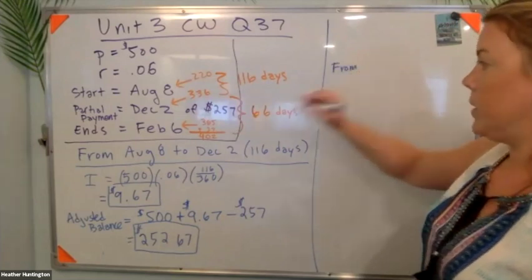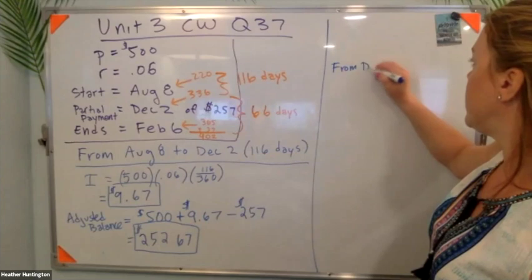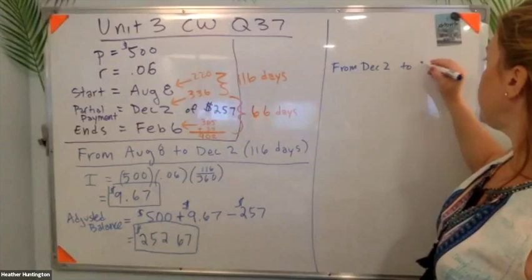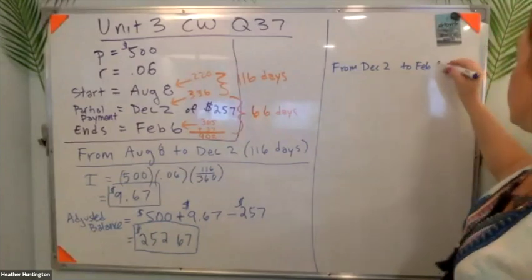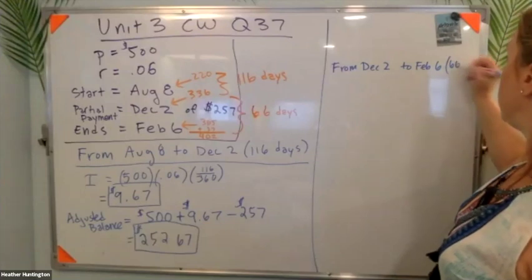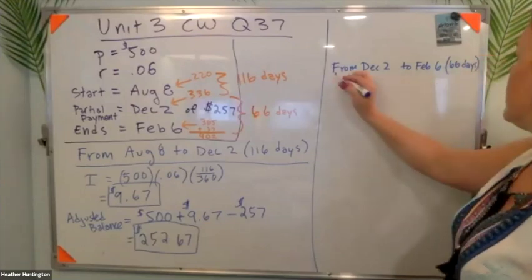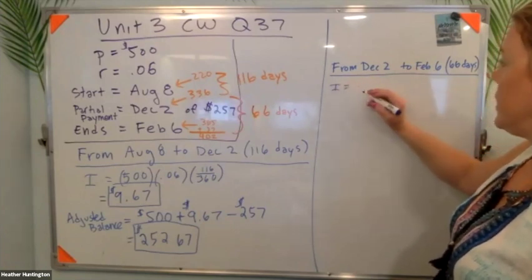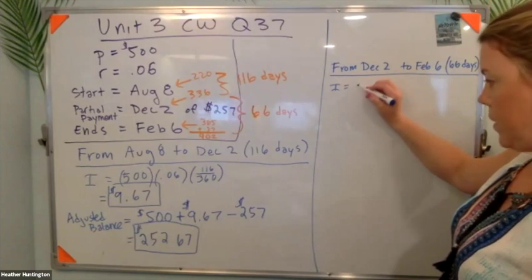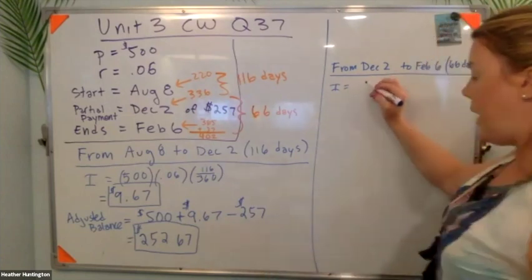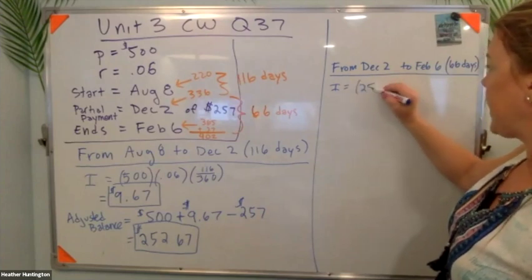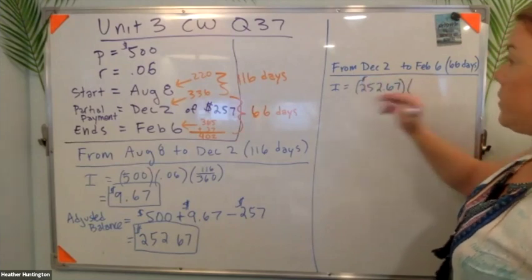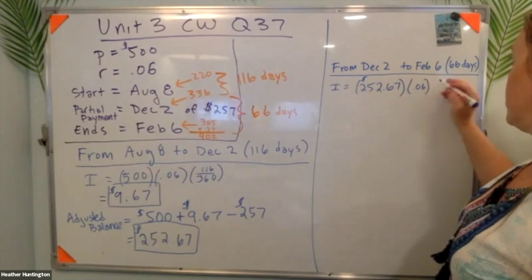Okay, so from now, this date of December 2nd to February 6th, 66 days. So interest is the principal, so this is our new adjusted balance, times our rate, 0.06, times our time.